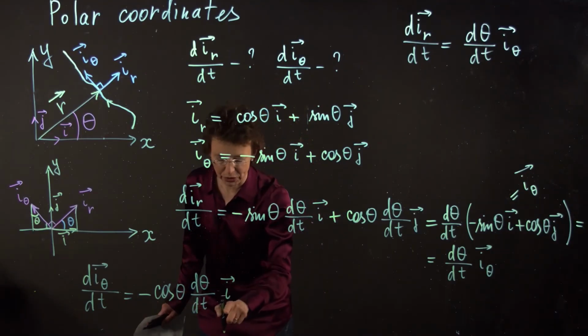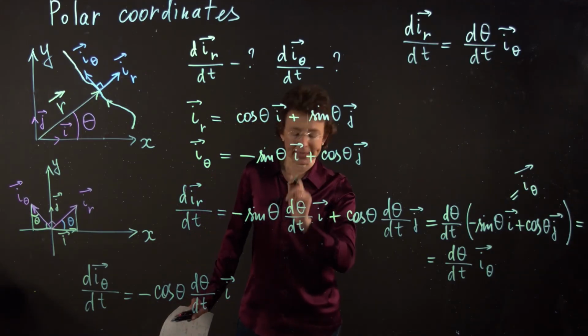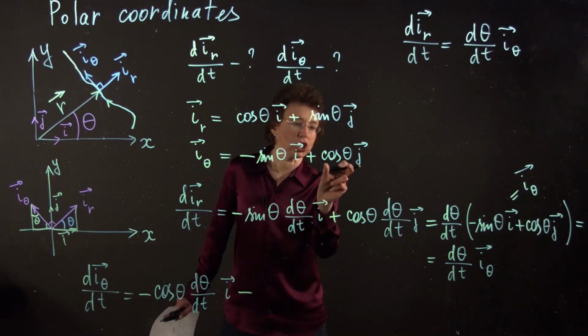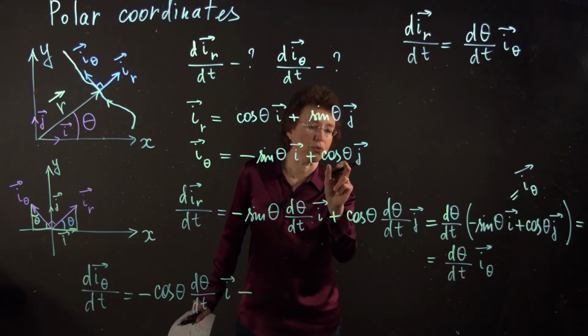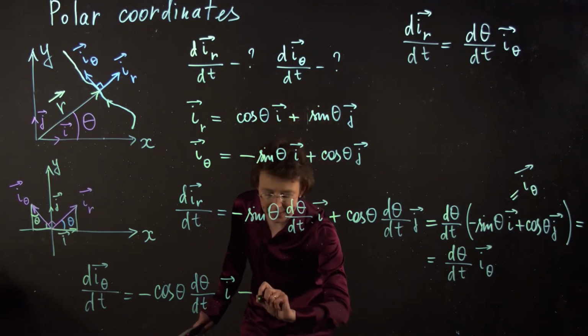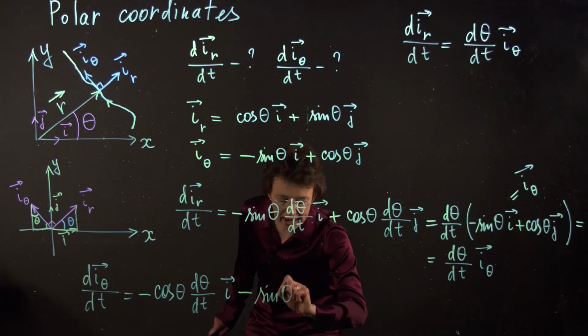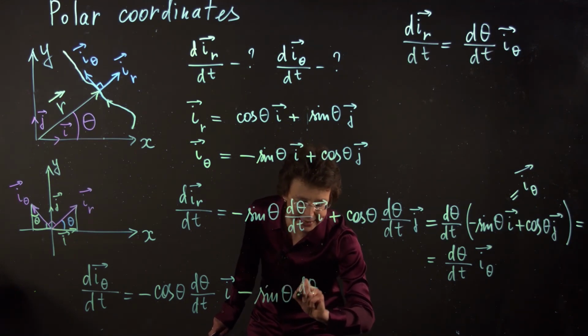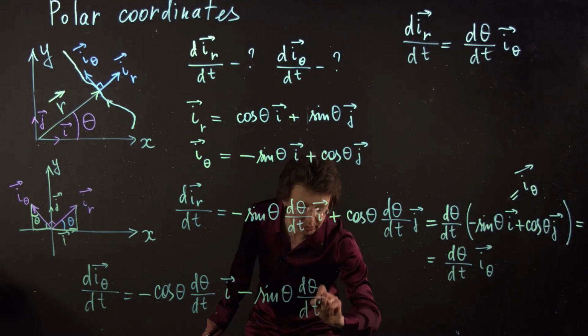So we are done with the first guy. Plus, and actually it is minus, because the derivative of cosine is minus sine theta d theta/dt j.